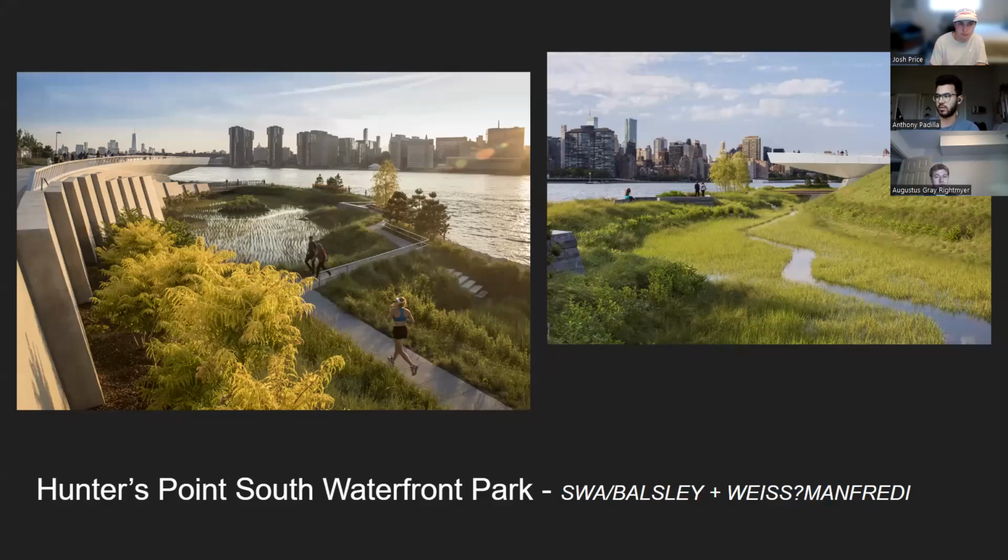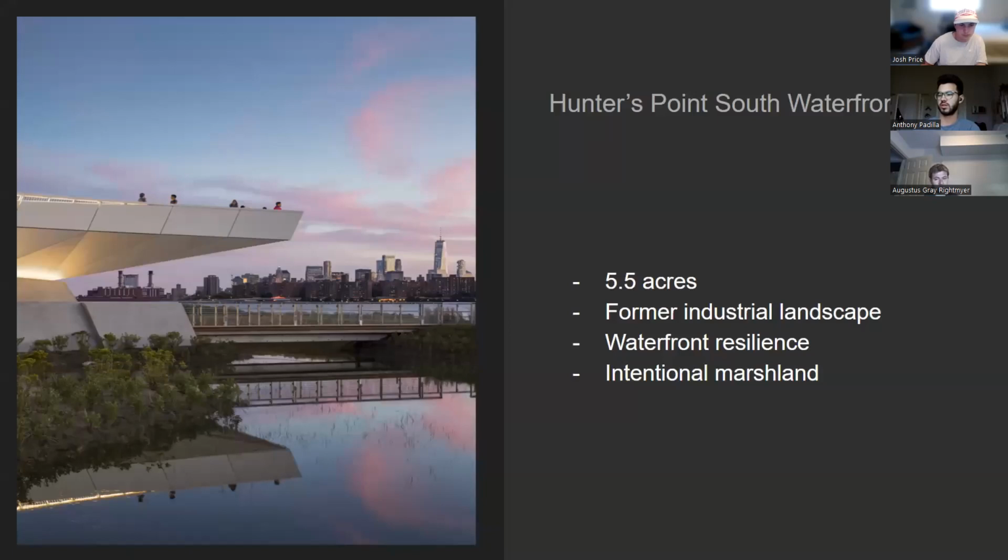So if you go to the next slide, this is a large continuous park along the water that has introduced wetlands that help with flooding and with these rising sea levels, but also creates a park for people to use.